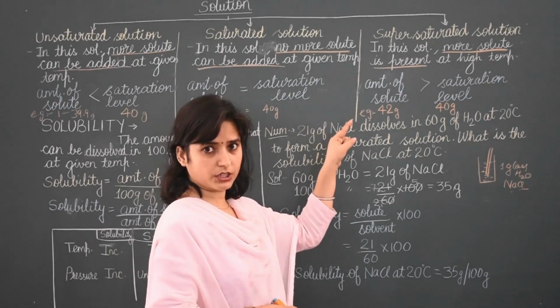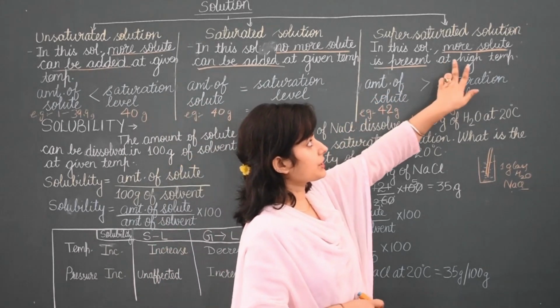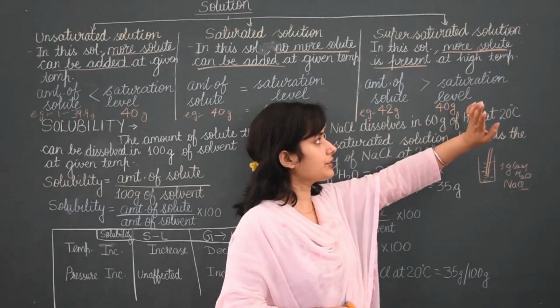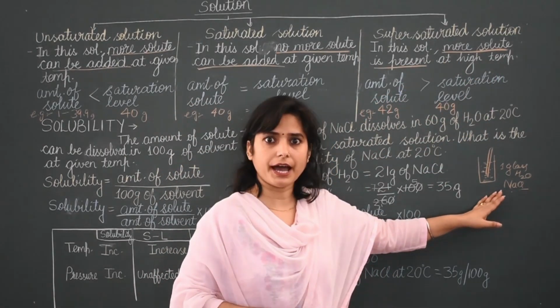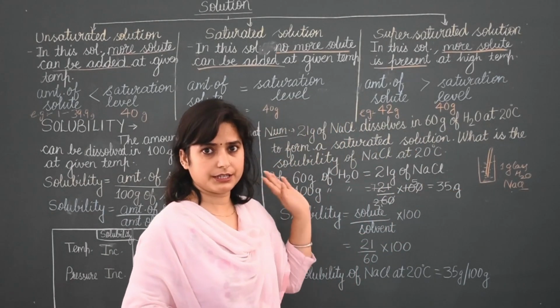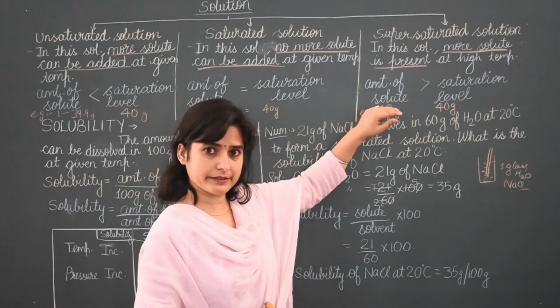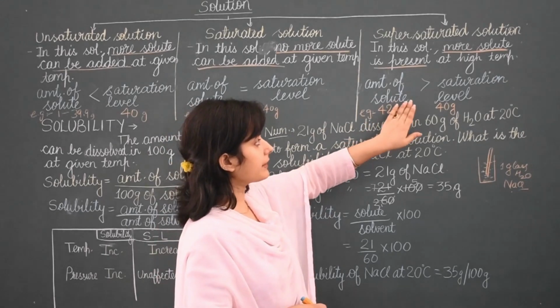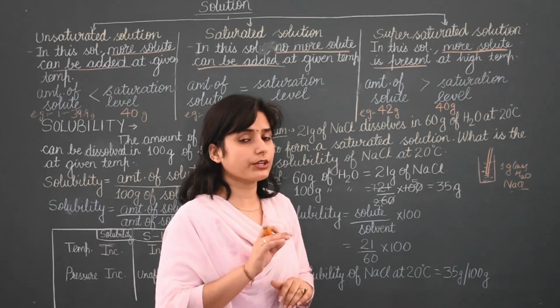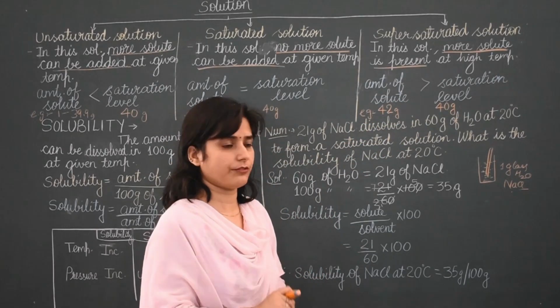But in this solution, temperature becomes high. The temperature of the solution is higher than normal temperature. Okay, is it clear? And this solute is in dissolved form, not in solid form.